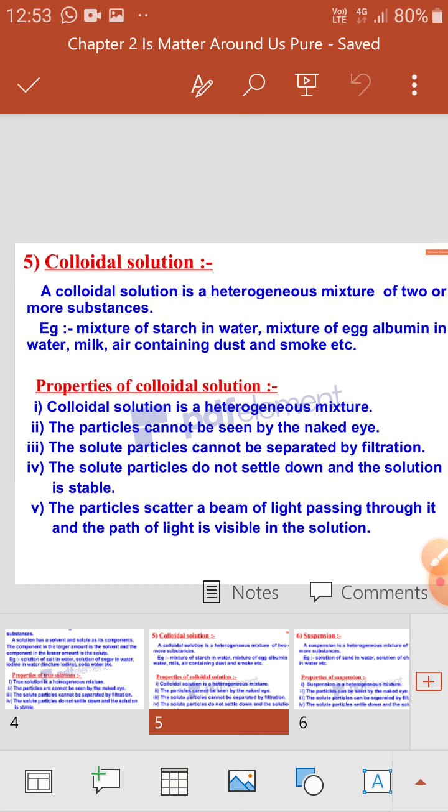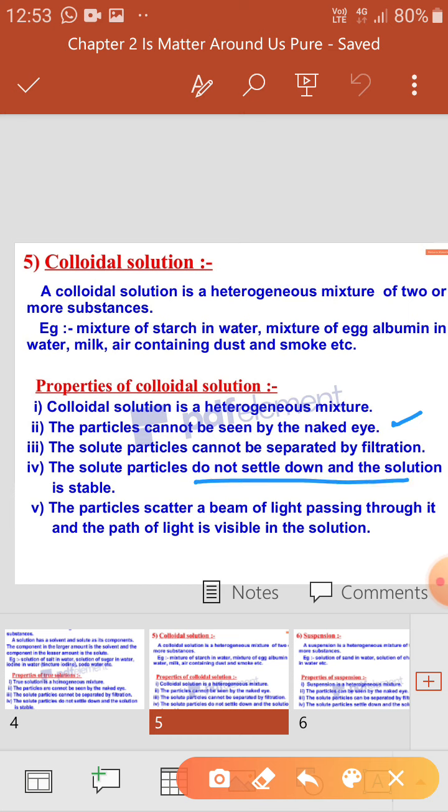A colloidal solution is a heterogeneous mixture, and the particles cannot be seen by naked eyes. Colloidal means, when you add milk to the water, can you see the particles with your naked eyes? No. The solute particles cannot be separated. If you add some milk drops in the water and try to filter it, you cannot filter them. The solute particles do not settle down and the solution is stable.